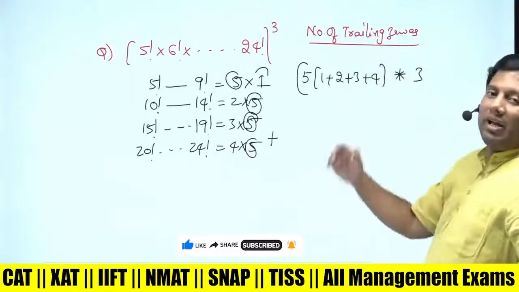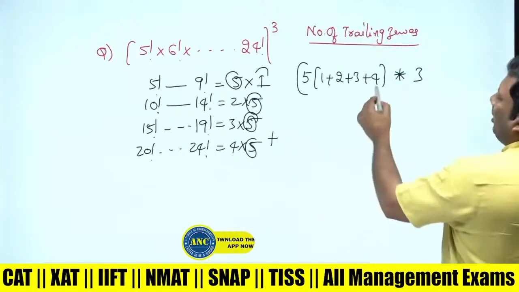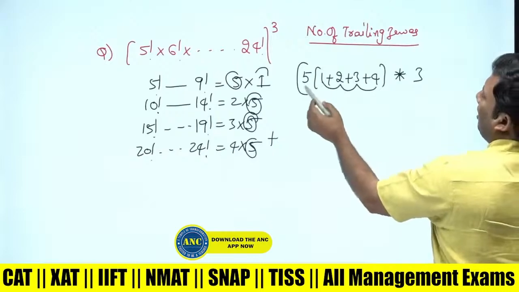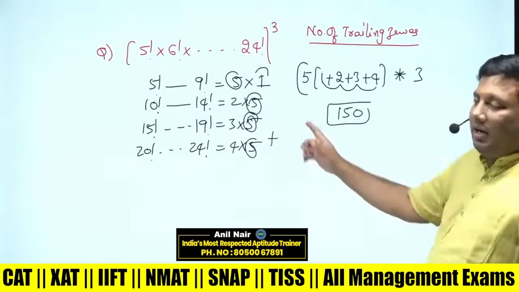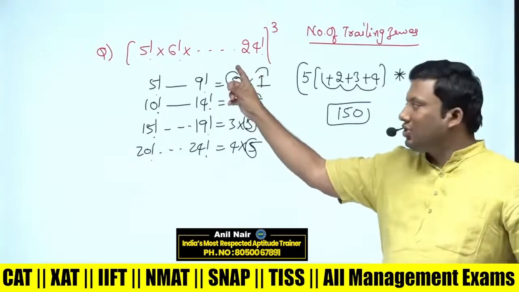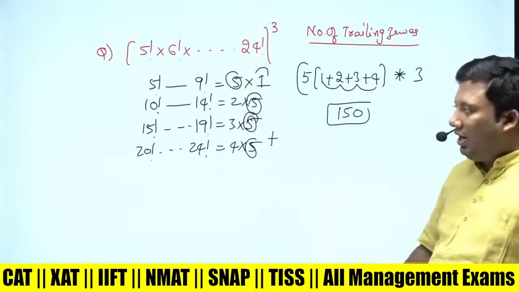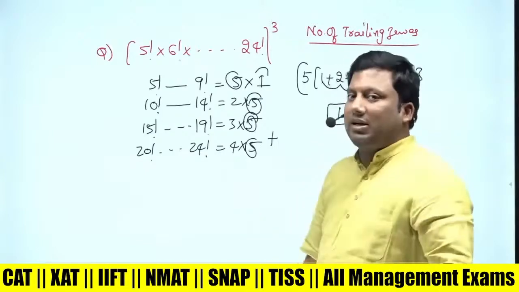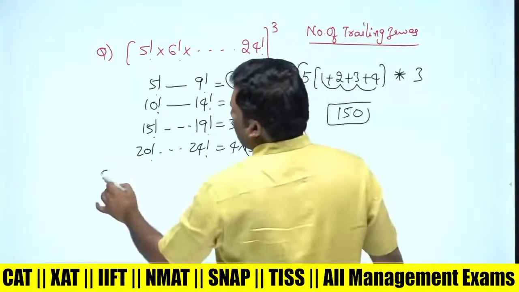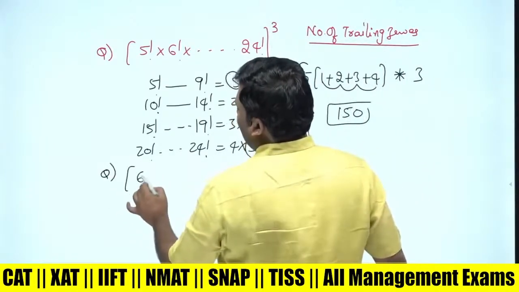A power m power n will become m into n. 10 5s are 50, 50 3s are 150. How many trailing zeros will be there for this expansion? It is 150. It is not difficult, just with a little practice, you can solve it very easily.